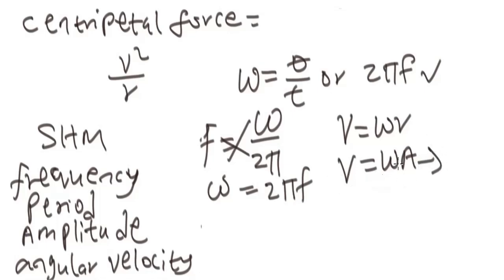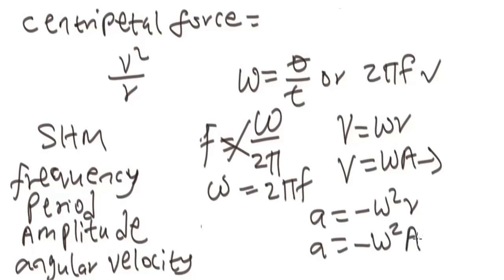Now, if you want to calculate the acceleration of a simple harmonic motion, acceleration equals minus w square r, where r is radius, or a equals minus w square A, this capital letter A, which is the amplitude at maximum. Alright, so these are basic formulas you need to get used to in simple harmonic motion, and you'll be good to go.